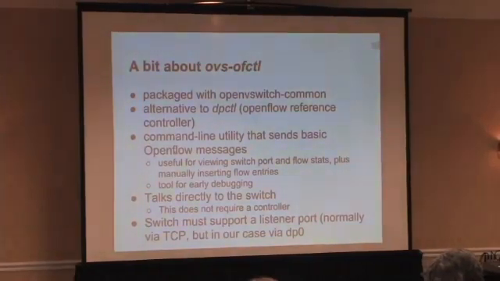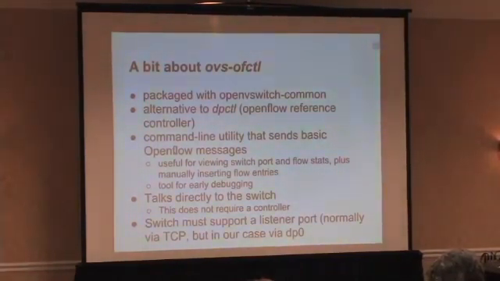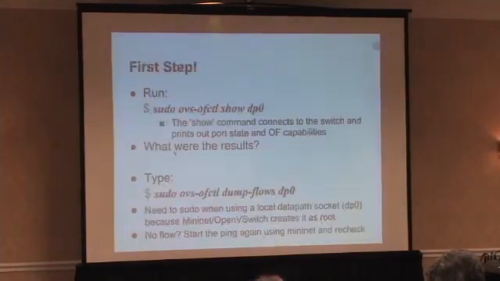Okay, so now if you got Wireshark up and running, in one of your terminal windows, type this command: sudo ovs-ofctl show dp0, and you get to see some basic stuff. What this command is doing is connecting to the switch in Mininet and doing the basic show stuff, and it's doing this over the OpenFlow protocol.